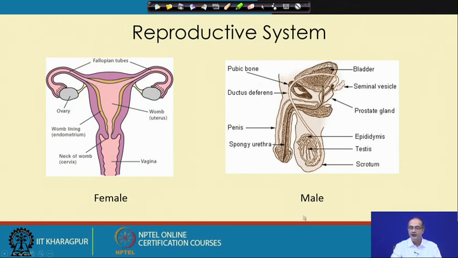The male organ gives the sperm, and the female organ generates the eggs here, and they come through the fallopian tube, and the sperm meets there. Once they get fertilized, they settle on the wall of the womb, and both the cells come together and merge.